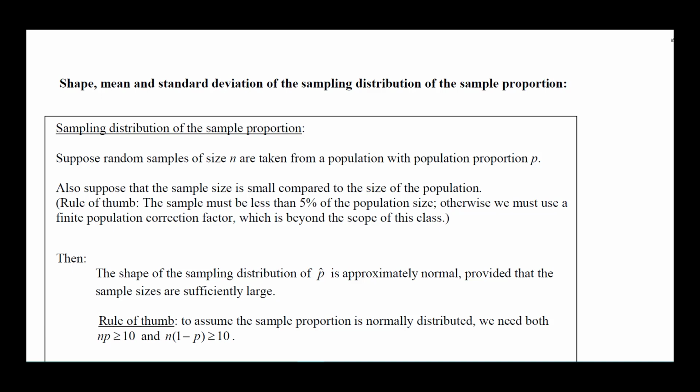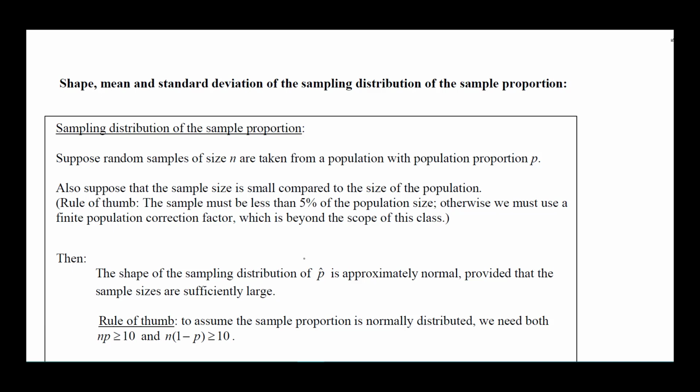We're going to take samples of a certain size n from a population that has a population proportion of p. And we do need to make an assumption here that the sample size is small compared to the size of the population. Usually the rule of thumb is that it has to be less than 5% of the population size. Otherwise we have to use a correction factor, and that's not something we're going to do in this class. You can definitely take a more advanced statistics class and learn about that sort of thing.